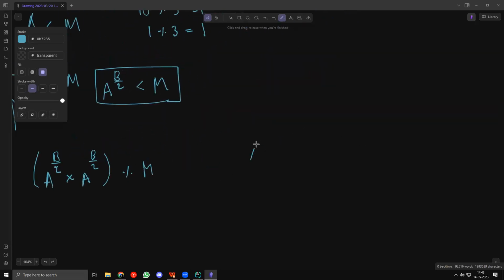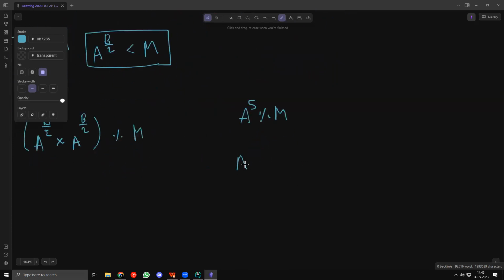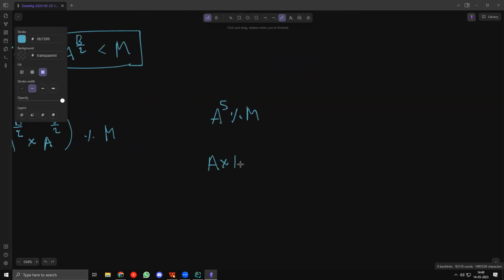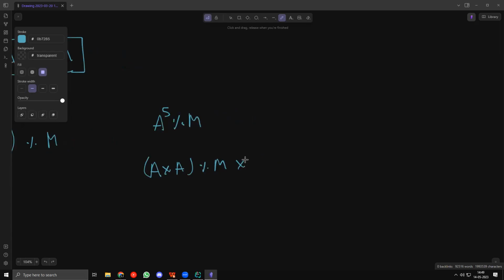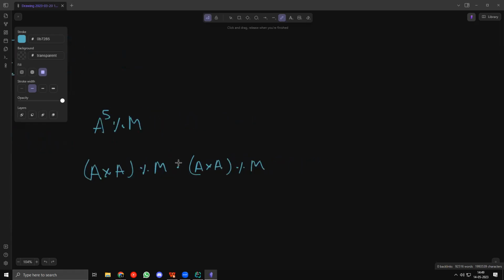Because if I take a to the power of 5 modulo mod, then basically I can take a to the power of 4 modulo mod, and multiply it by a modulo mod, right? So I can take this modulo mod and multiply it by this modulo mod.